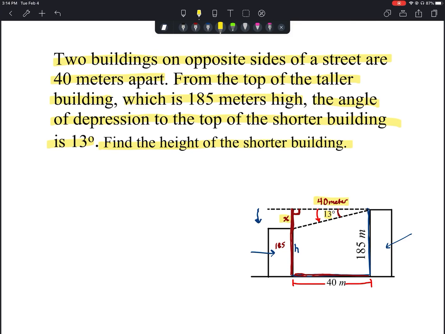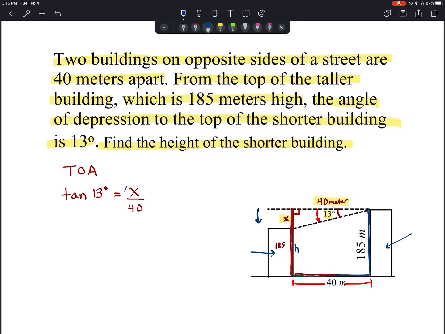Remember, when we deal with adjacent and opposite sides, we're typically dealing with the TOA part of our SOHCAHTOA. So we're going to say here that the tangent of 13 degrees should equal our opposite side, which is x, over our adjacent side, which is 40.